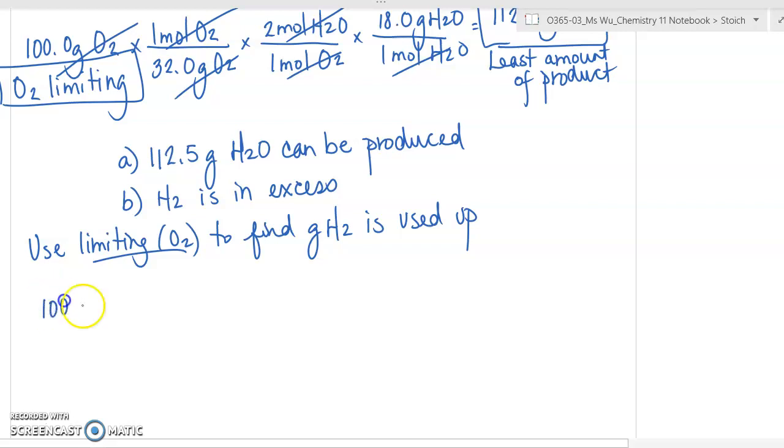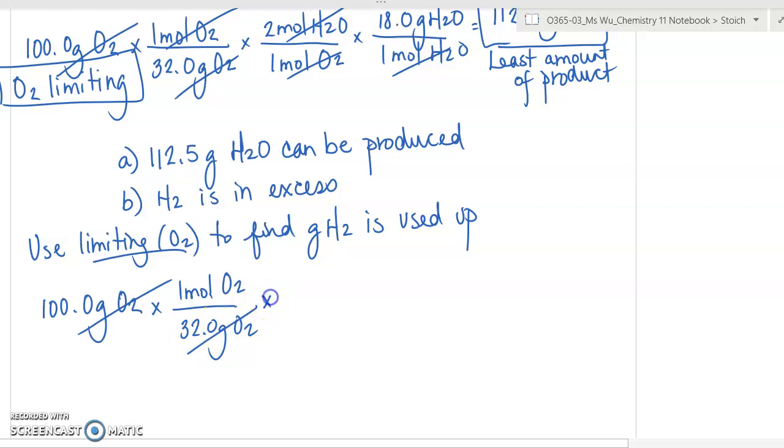So we know we are using up all of the 100 grams of oxygen. I'm getting tired of this conversion factor here. Okay, got it. This is the molar mass of oxygen.